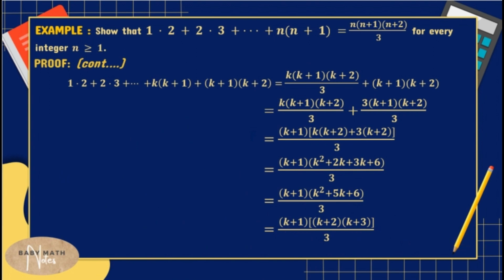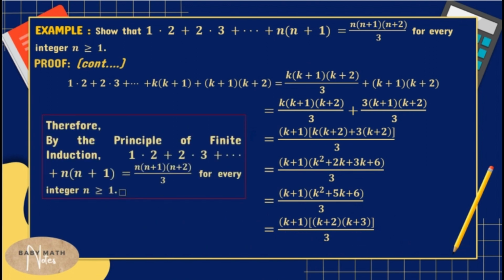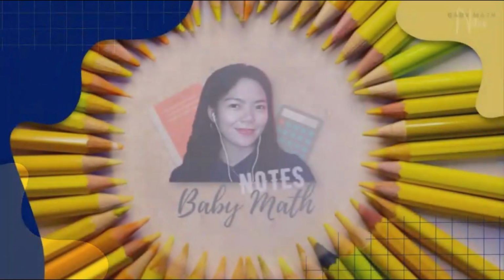Yun lang yung goal. So, therefore, by the principle of finite induction, yung given natin, ayan, naipakita natin na this is true for every integer n is greater than or equal to 1. So, kung may makikita kayo dito, may maliit dito na square, ayan, ibig sabihin lang niya na tapos na yung proof natin. Great job, babies!